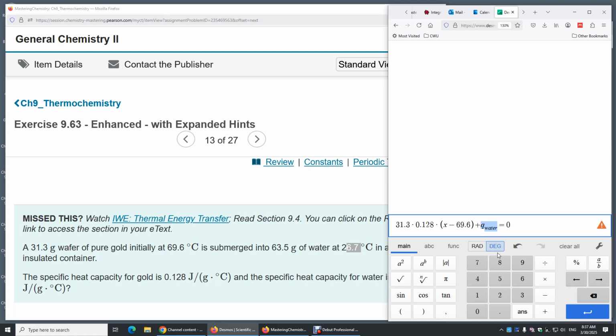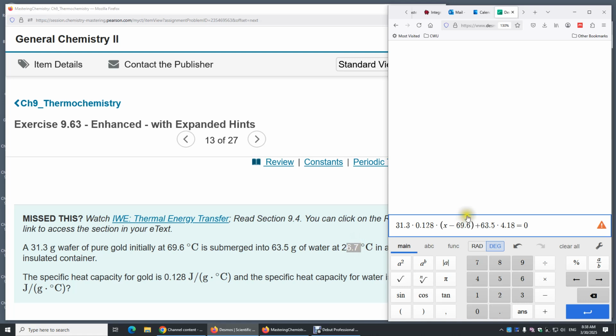Now Q water: a very large mass, a much larger specific heat capacity. So again, the final temperature will be really close to the initial temperature of water, just a little bit above this.